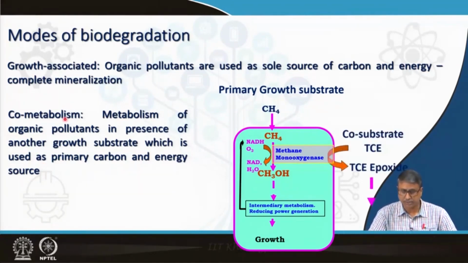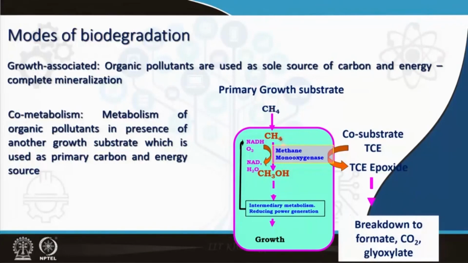For example, in this picture, the methane monooxygenase enzyme, which is present in methane oxidizing microbes, oxidizes methane to produce methanol, and then it goes into the intermediary metabolism and can produce electrons and reducing power and facilitate growth. So, regular methane oxidizing bacteria utilize this pathway. There is nothing special about that, only the methane monooxygenase gene, which is very critical.